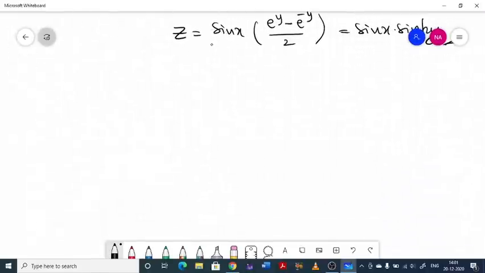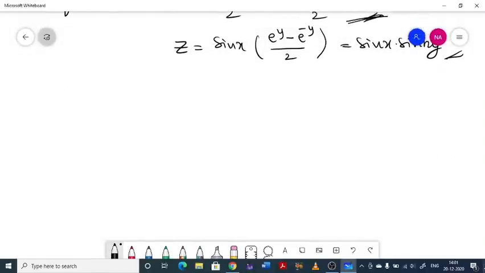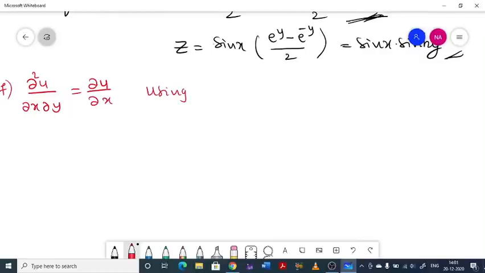So last problem in this method: solve ∂²u/∂x∂y = ∂u/∂x, using the substitution ∂u/∂x = v.